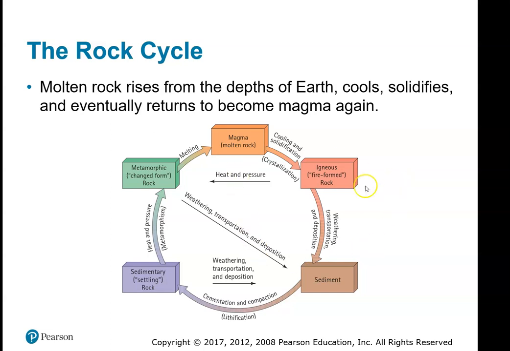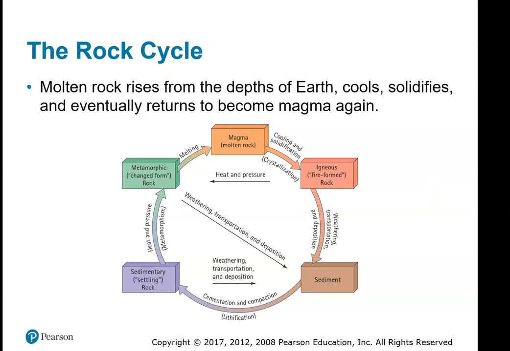The thing that drives this is really the subject of the next chapters, right? This is all about what's called plate tectonics, the motion that takes place with the crust of the earth. The crust of the earth is basically riding on these large plates.